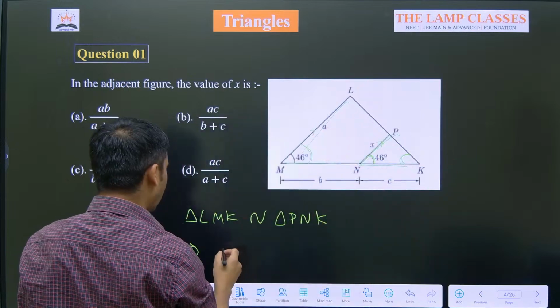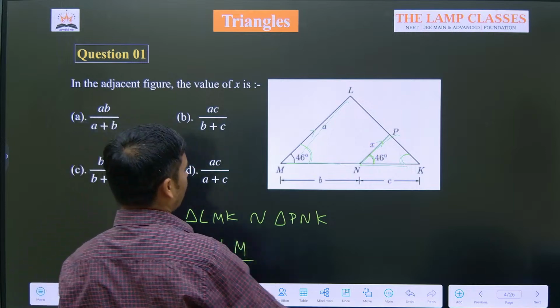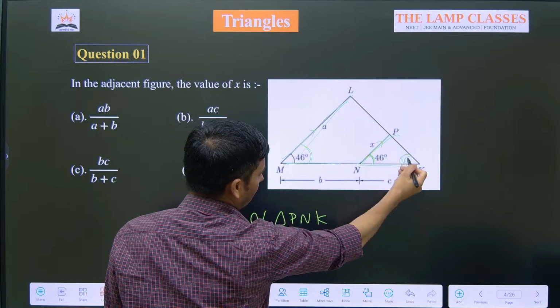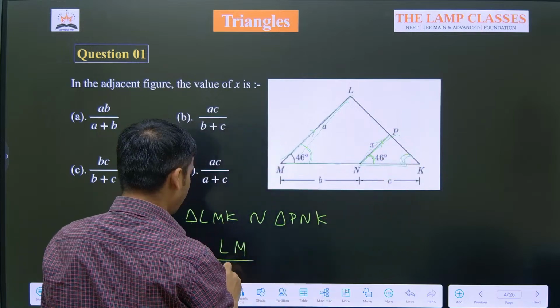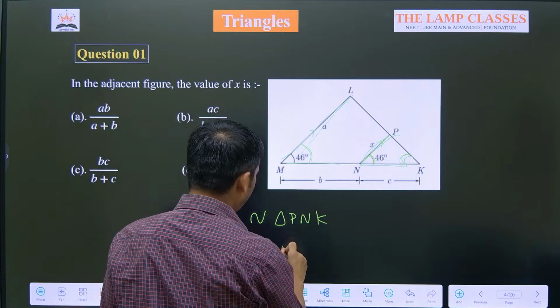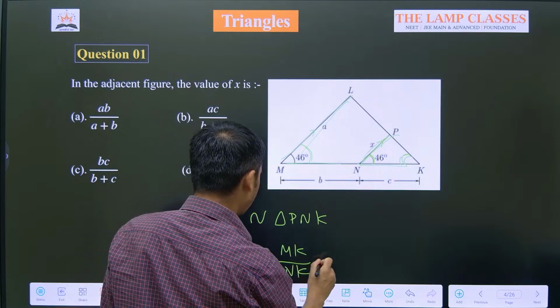In the bigger triangle, side LM upon its corresponding side, because LM is opposite to this angle, so in the smaller triangle opposite to this angle we have PN. That should be equal to MK upon the corresponding side NK. Just put in these values.